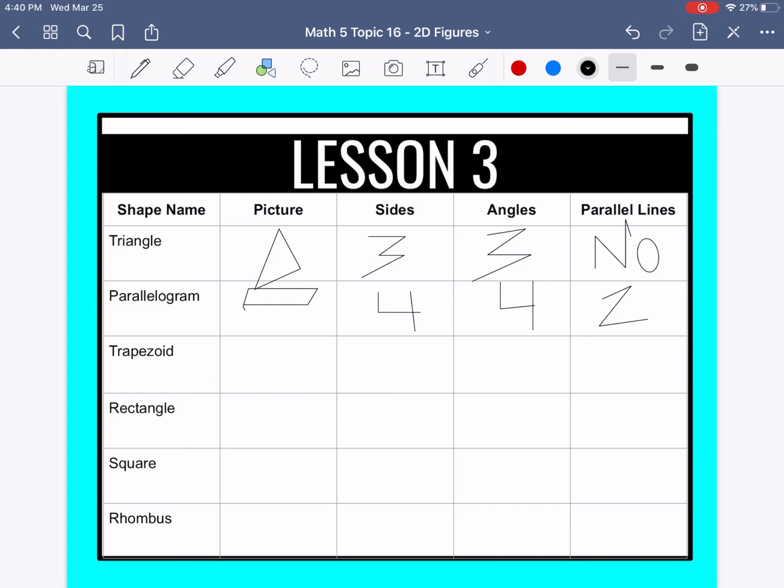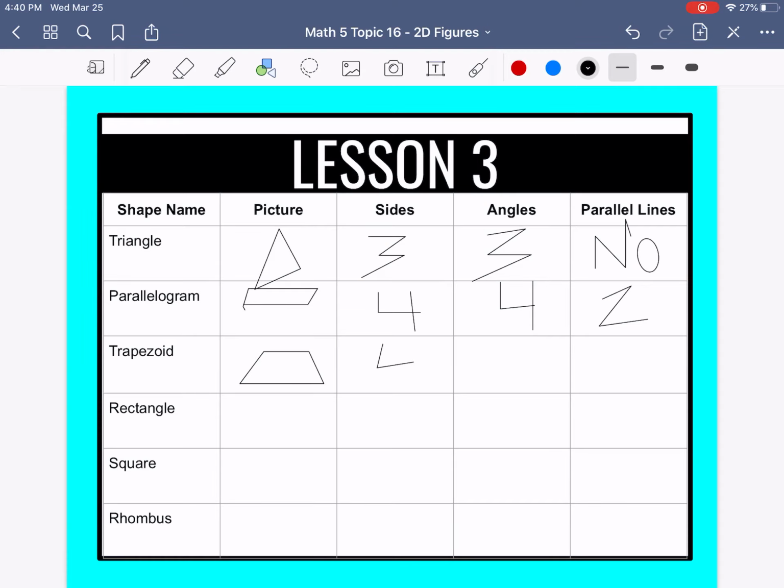All right, let's see if we can draw a trapezoid. Oh, that's not good. Let me try that again. This is very hard. There we go. That's a trapezoid. Okay? How many sides does our trapezoid have?